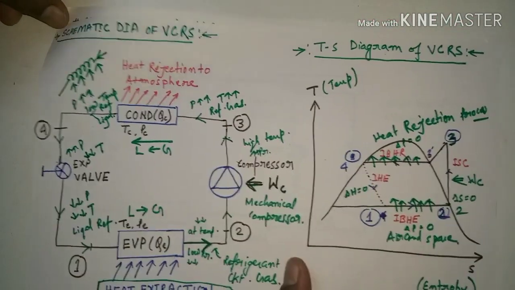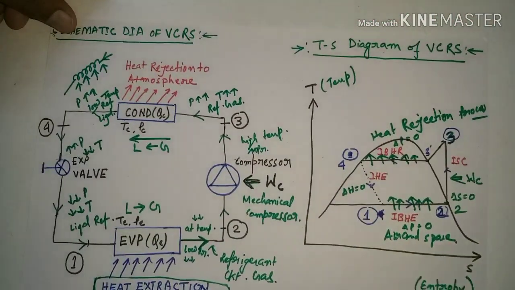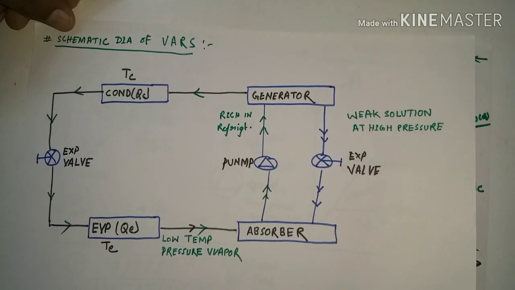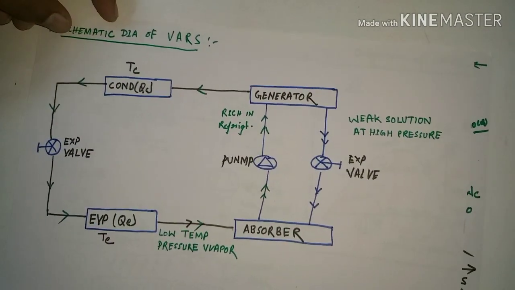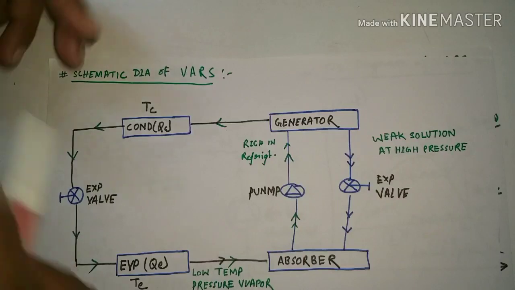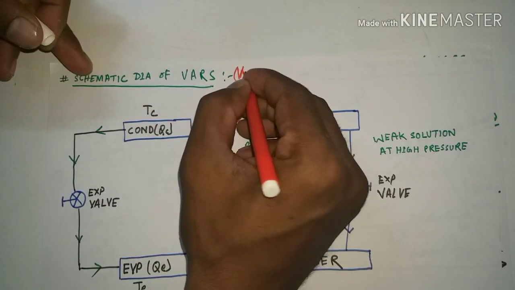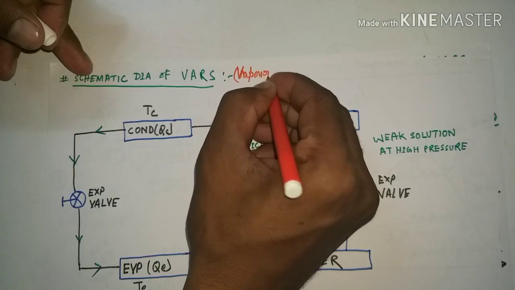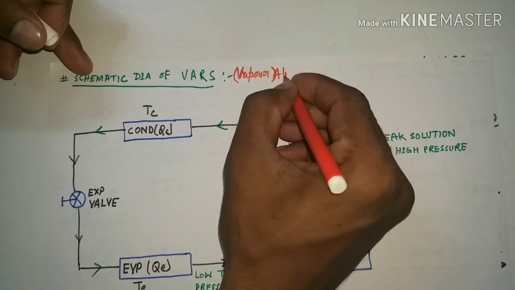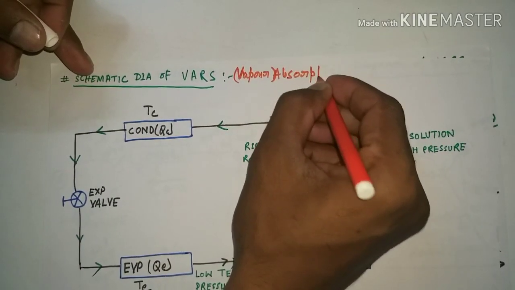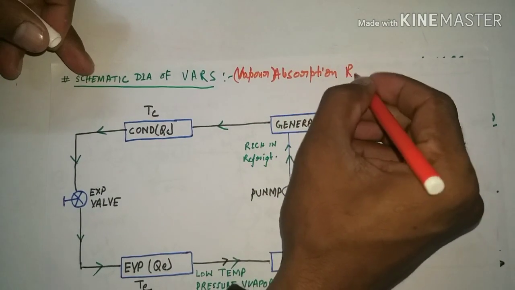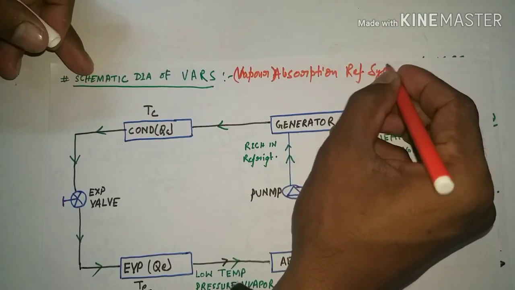So, without wasting time, let me go through the schematic diagram of VARS. First and foremost, VARS means vapor absorption refrigeration system.